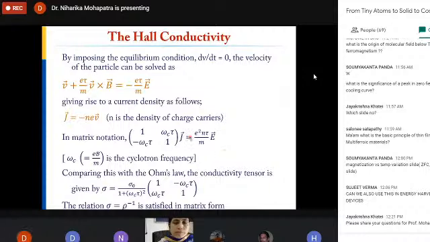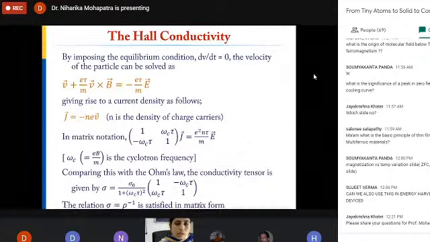Now, in the presence of a magnetic field, you can show that there will be a cyclotron frequency, eB by m. You can calculate this from the resistivity one. Introducing that, you will get the conductivity to be sigma naught by 1 plus omega c tau squared, where sigma naught is the conductivity without any magnetic field, and then sigma is given by this particular matrix.